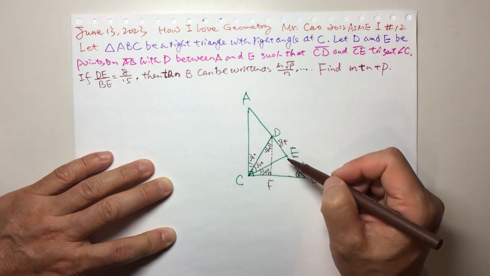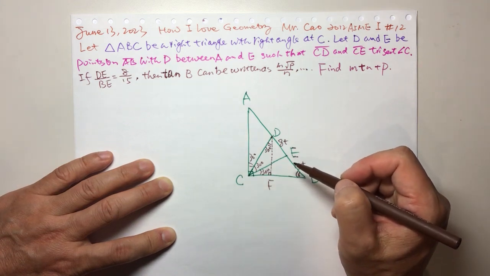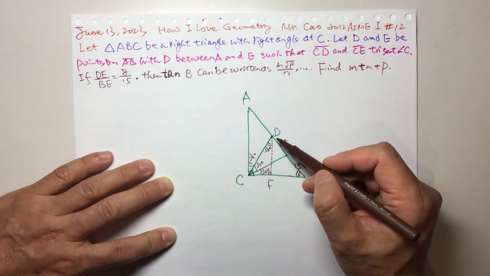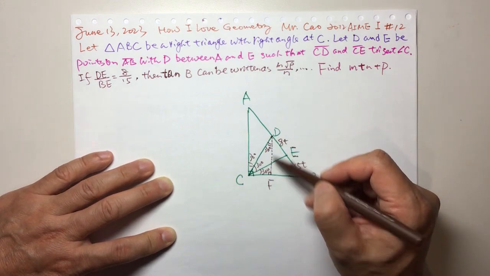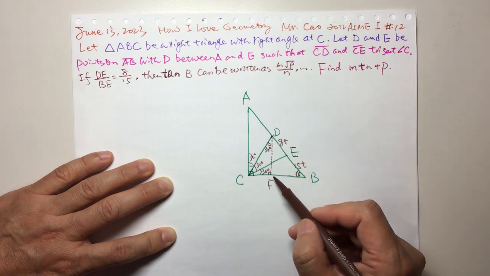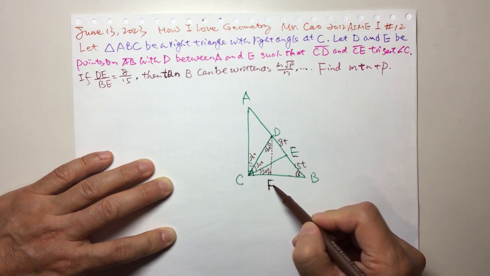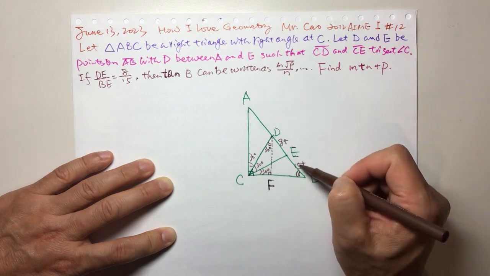So we wanted to find tangent B, right? If we find DF over FB, it will be solved, right? So this is 8t, 15t.